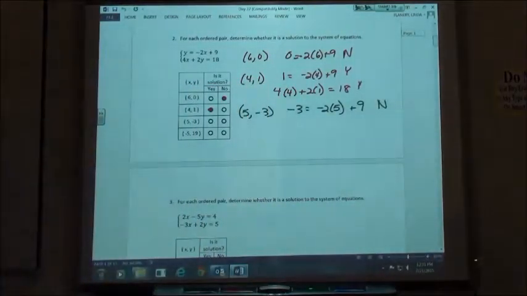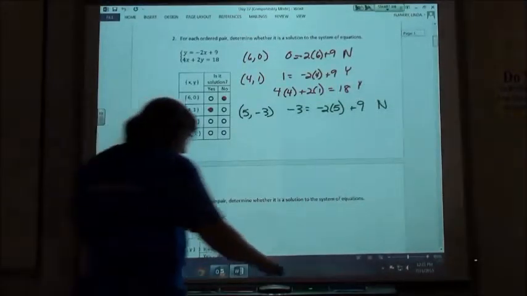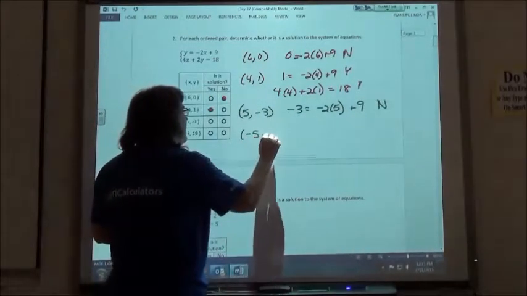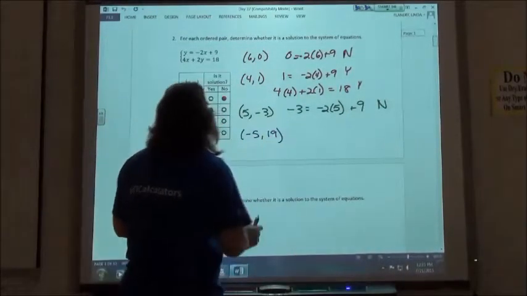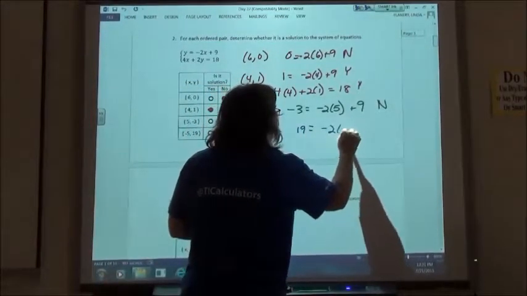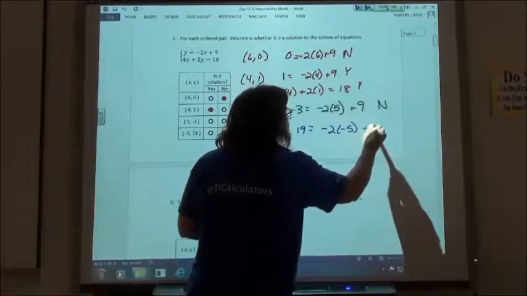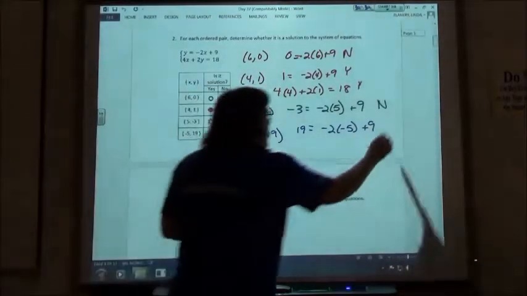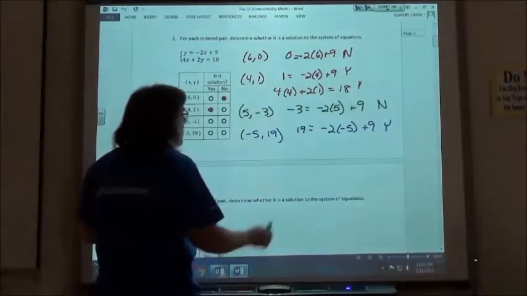Negative 10 plus 9 is only negative 1, not negative 3. And the fourth point, we have negative 5, 19. So y is 19. Does 19 equal negative 2 times negative 5 plus 9? Yep. Since that's a yes, we better try it in the second equation.